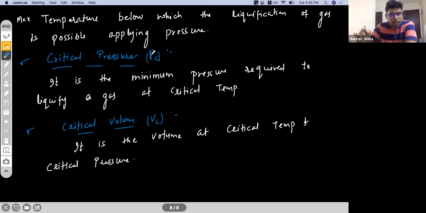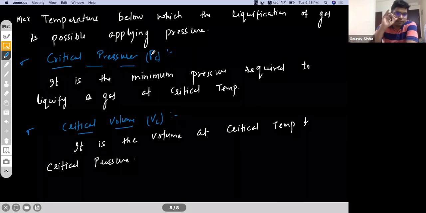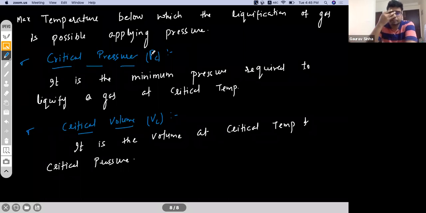Okay, we define it per mole actually. For 1 mole, all these parameters are defined. Yeah, done. Okay.